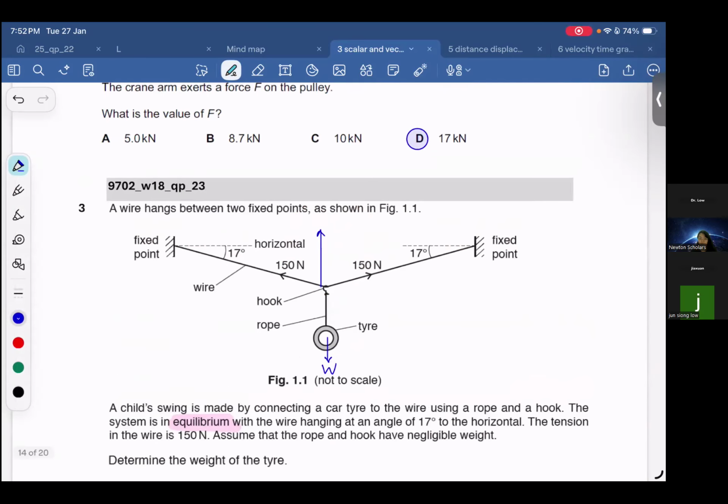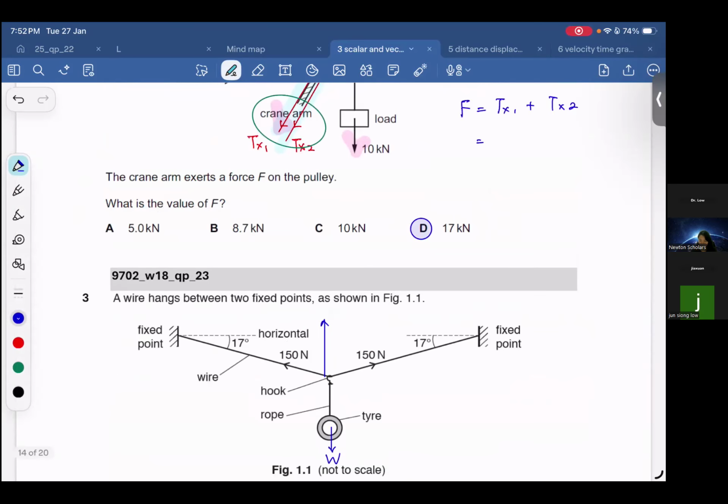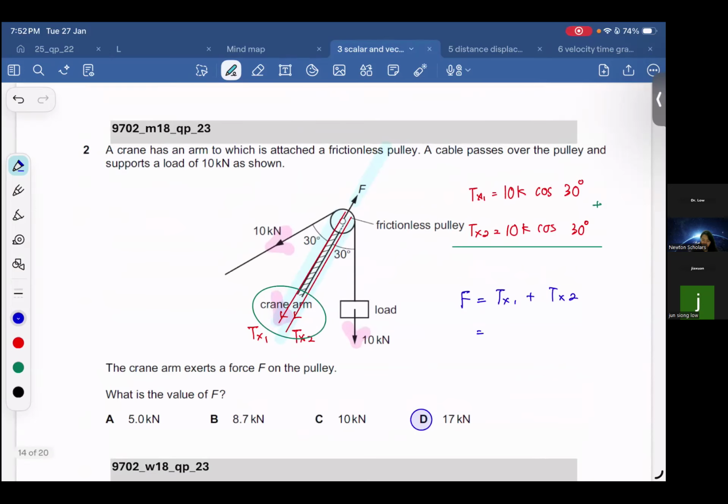10K cos 30 degrees. It means that here, the tension T is 10 kilonewton. We resolve it into here. Because there is an angle in between here, we're using cos 30 degrees. 10K cos 30 degrees, we will get this.